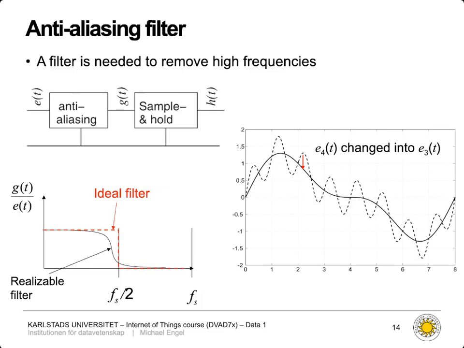So what can we do about aliasing? Of course, we can force a signal to actually not have any higher frequency components than half of our sampling rate. And to do this, we need something we call a filter. So essentially, in our advanced signal input processing chain, we still have our sample and hold component on the right-hand side here, and now we have an anti-aliasing component, our filter, in front of this.